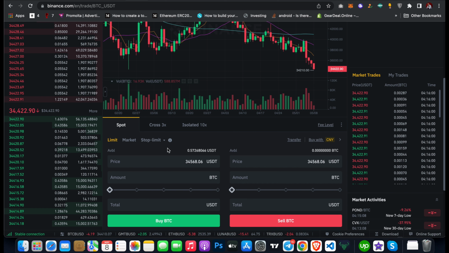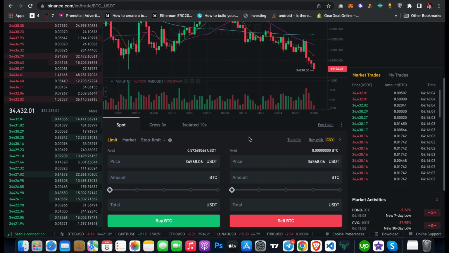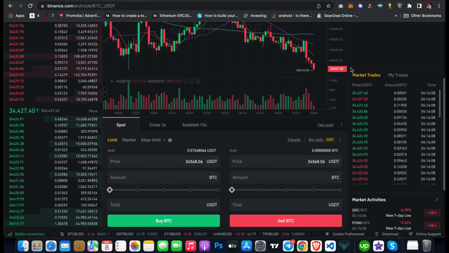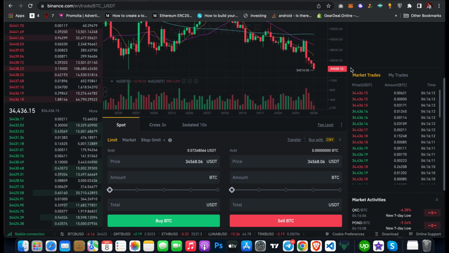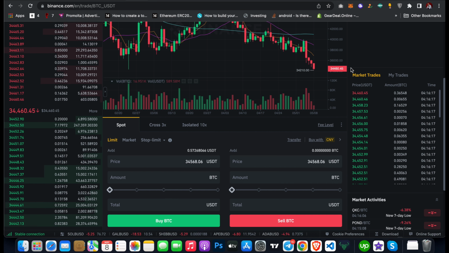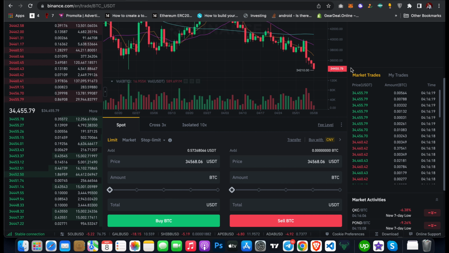Now, the way spot trading works is that, to make money with crypto spot trading, all you have to do is buy a particular crypto asset and hold it for a long period of time, or probably a short period of time. You buy it at a cheaper price, then you sell it when the price of the crypto asset increases.